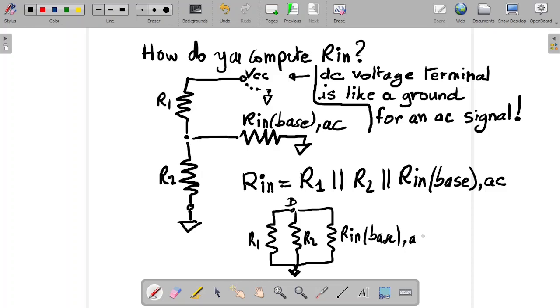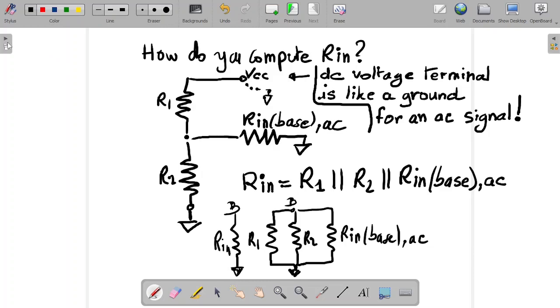Now I'm sure you can see that, from B to ground, the Rin is R1 in parallel with R2 in parallel with Rin base AC. So that's how you compute Rin.